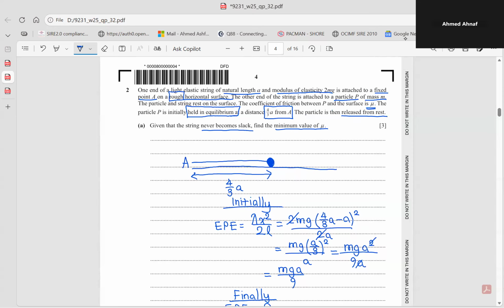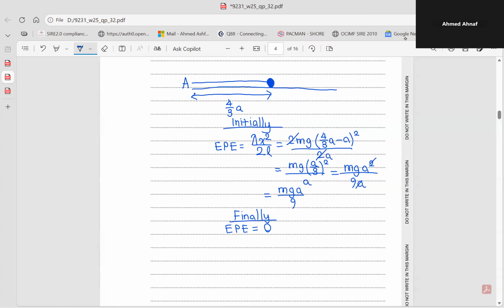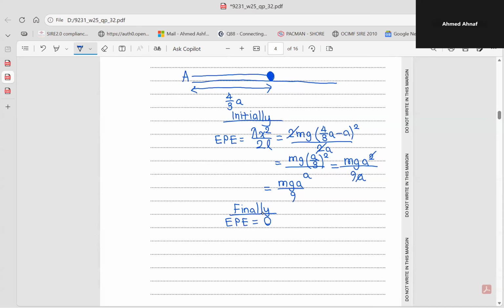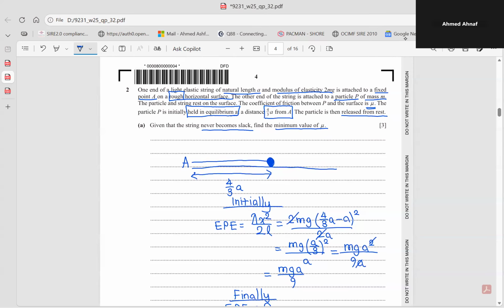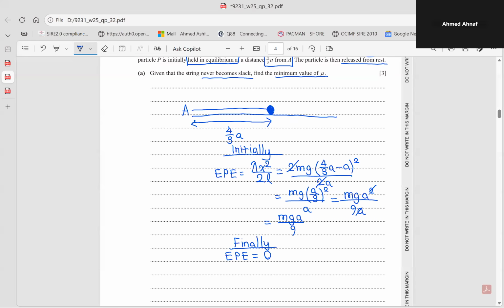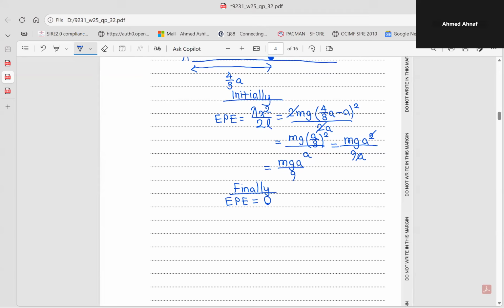GPE is obviously 0. KE, that's not 0. But okay, give me a while. We can consider KE to also be equal to 0.